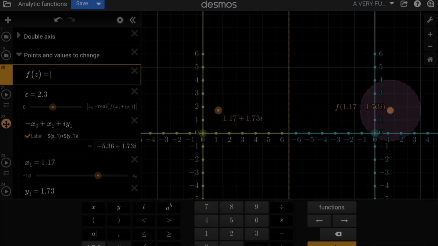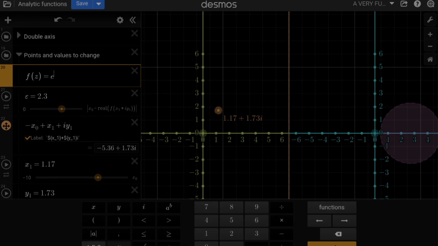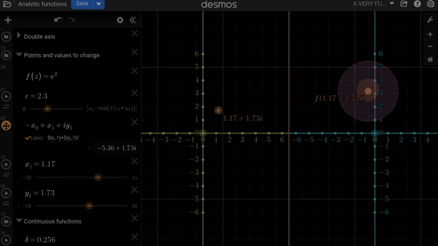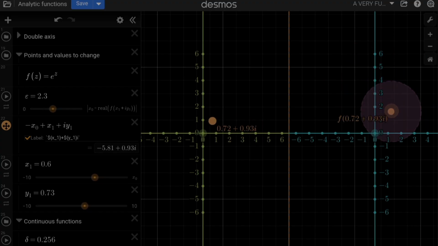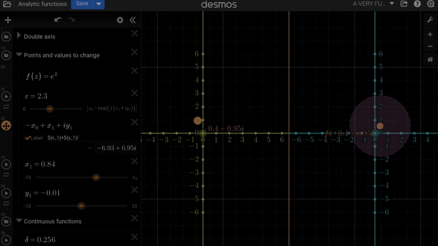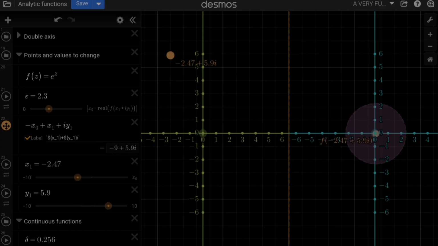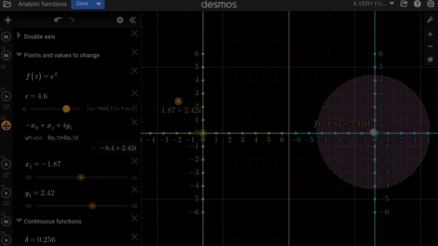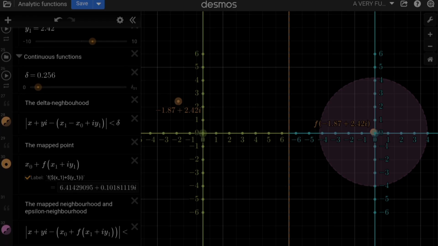We can also look at the function like e to the x, for example, or rather e to the z. So we can move around our point. It would need to be closer to the negative values of real now. And here we can also choose the value of our epsilon and the value of our delta.